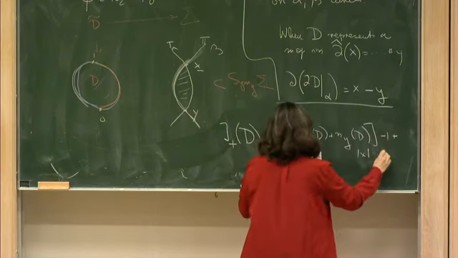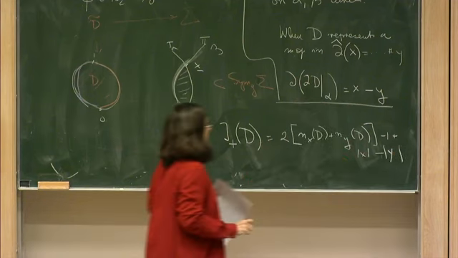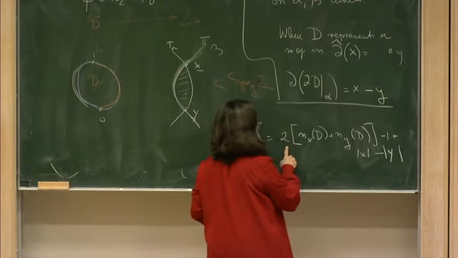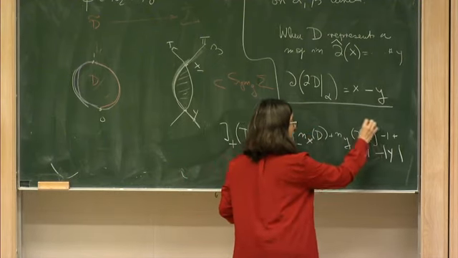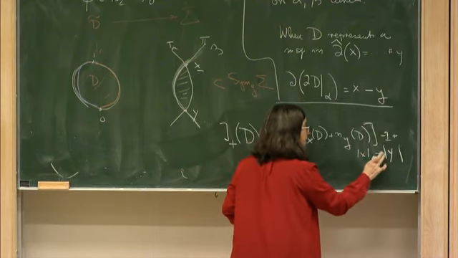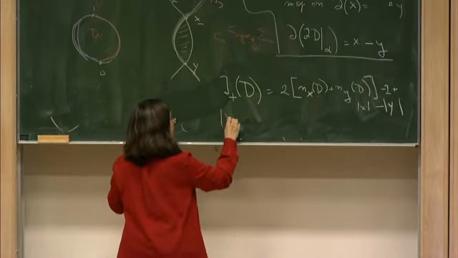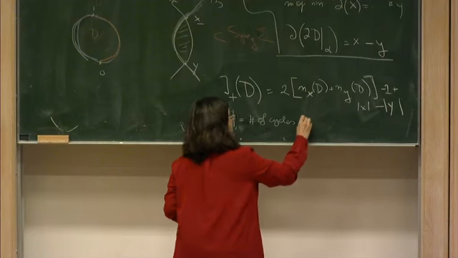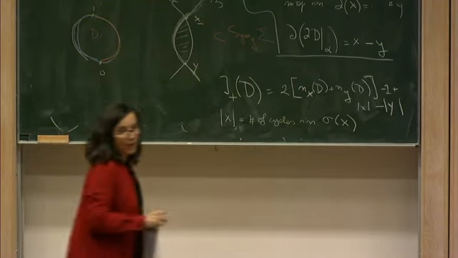For people that know what I mean by nx and ny, it's okay if you don't, I don't have time to explain. So we have twice these local coefficients at the x and y for our domain, minus 1, which is for the Maslov index, and then plus these correction terms, where this absolute value of x is equal to the number of cycles in this permutation that corresponds to x.